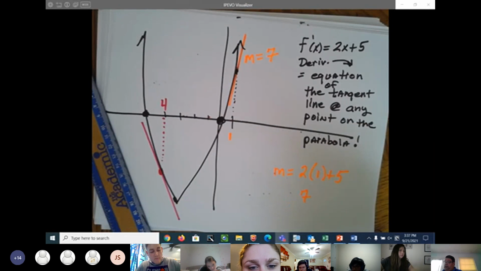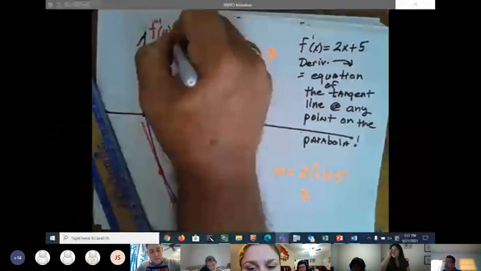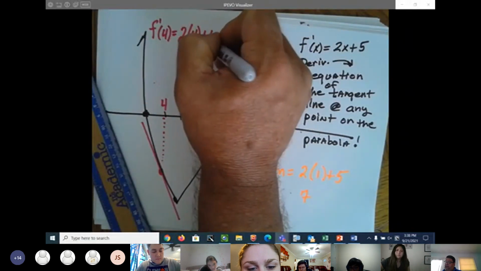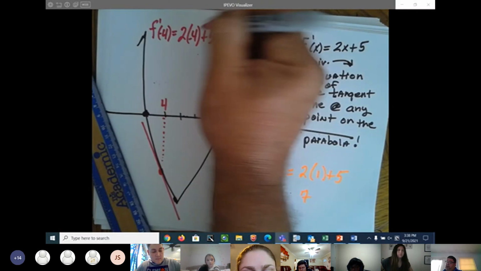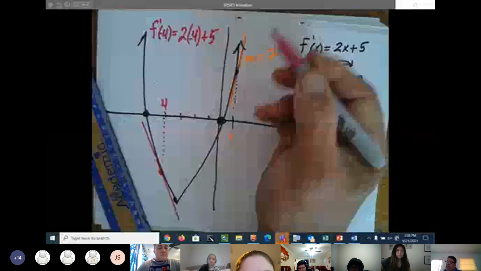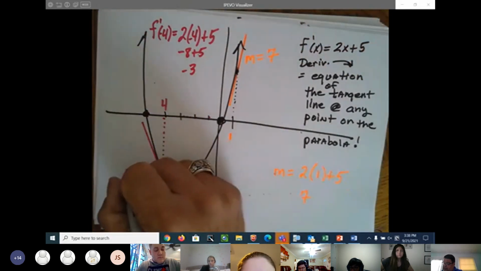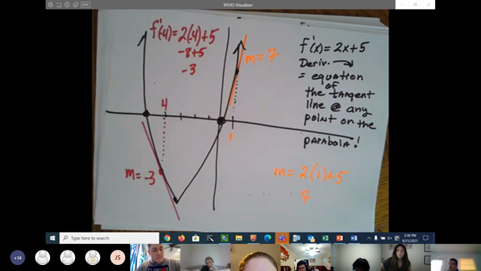Well, that's going to be f prime of negative 4 is equal to 2 times negative 4 plus 5. Negative 8 plus 5 is negative what? Negative 3. So the slope at this line is negative 3.